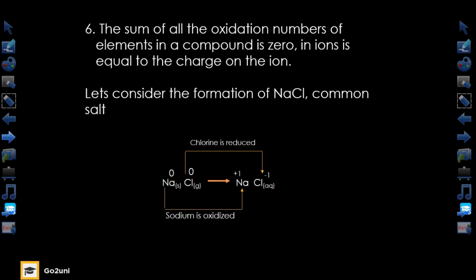So sodium in the metallic state is 0. Chlorine in its normal elemental state is also 0. So if it goes to the -1 state, it is reduction. Sodium going to the +1 state is oxidation. So this is just a simple explanation of how an oxidation reduction reaction takes place. We now proceed to looking at how to calculate oxidation numbers.